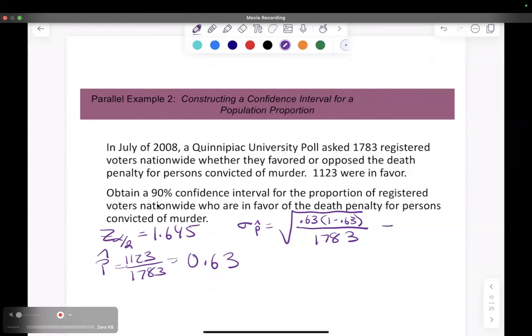So this right here is 0.0114. I don't know why I went out to three places. All right. So I have my standard deviation and I have my z-score.